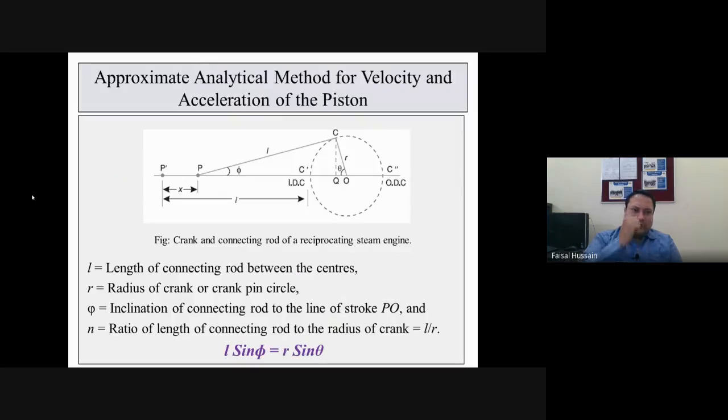Now let us move to a main important topic, that is the approximate analytical method for velocity and acceleration of the piston. Here you see it is a single slider crank mechanism, and this is a very important topic.